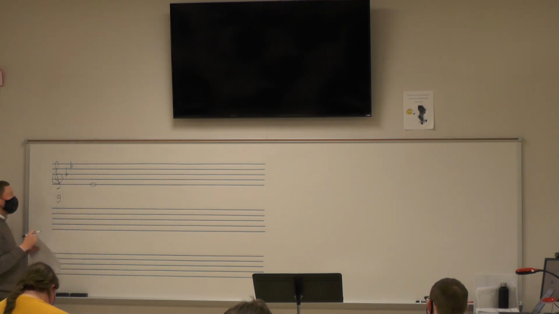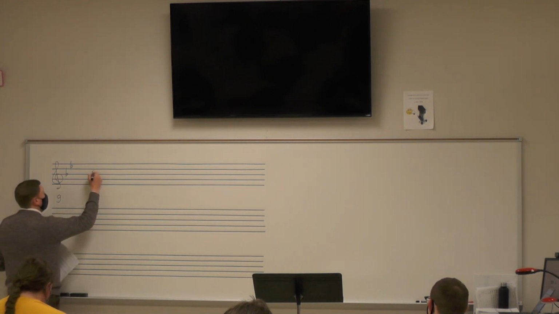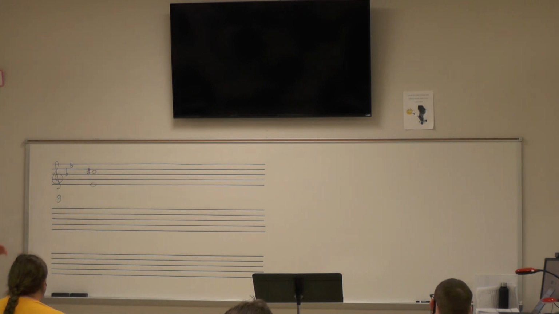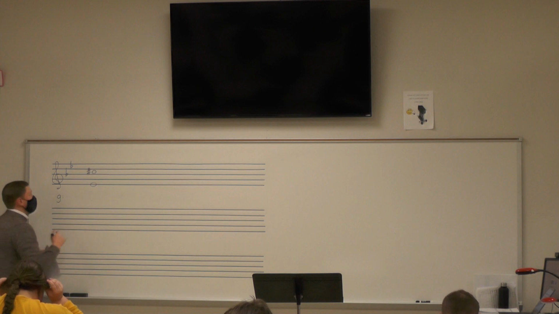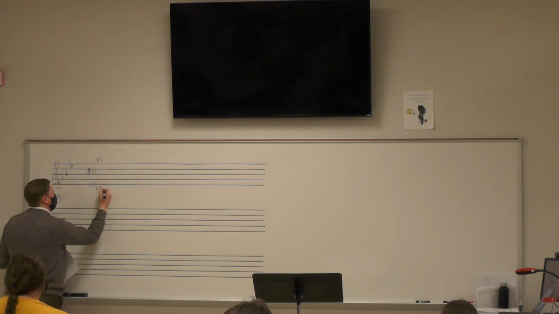And Fi, or the raised fourth scale degree in this key, is going to be C sharp. And Fi always requires an accidental, whether you're major or minor. So don't forget about those.